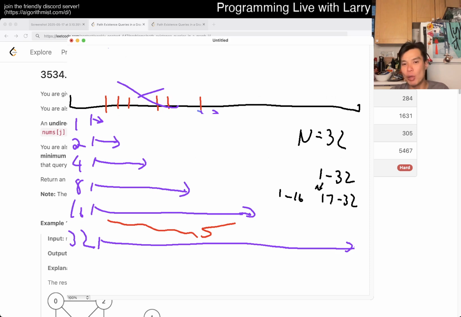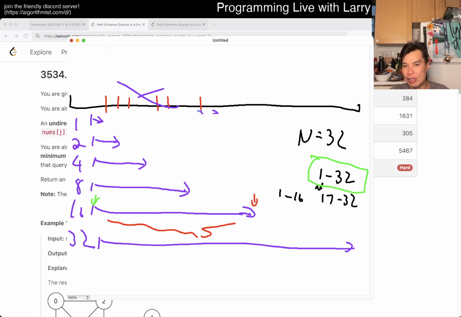In 16 moves, we're able to jump to here. So if our query is getting from here to here, then it is in the 16 side. Let me change the colors real quick. If it's from here to here, then it has to be more than 16 moves, right? So that's the idea behind this binary search: we know that it is from 1 to 32 moves.